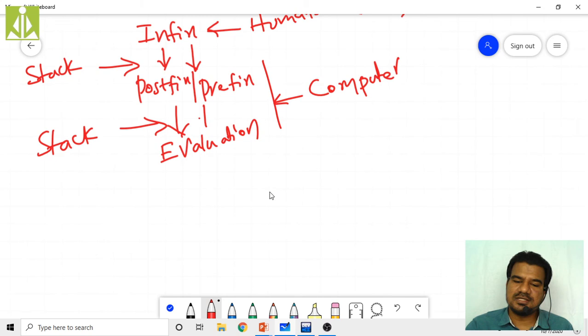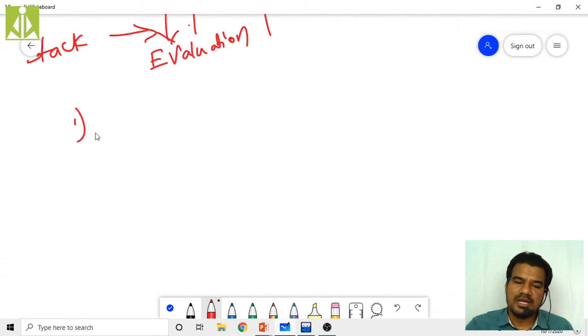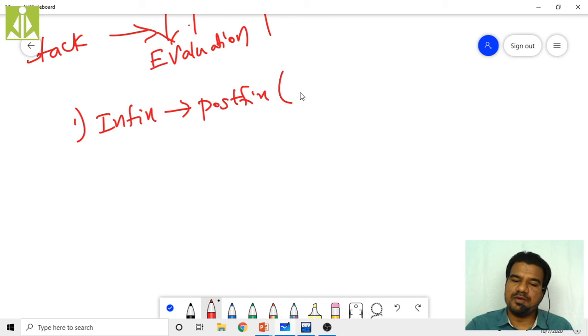The first thing, we'll study how we can convert an infix expression to a postfix expression. This we will do with the help of a stack only. So this is a stack application. The next one, infix to prefix also we will see.